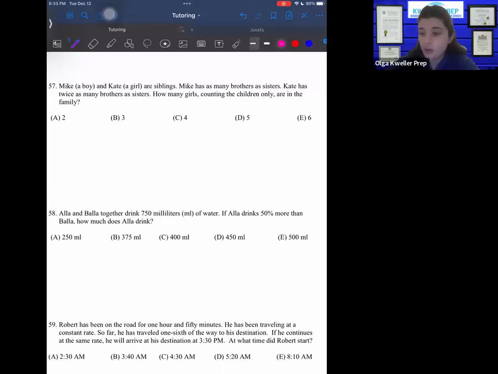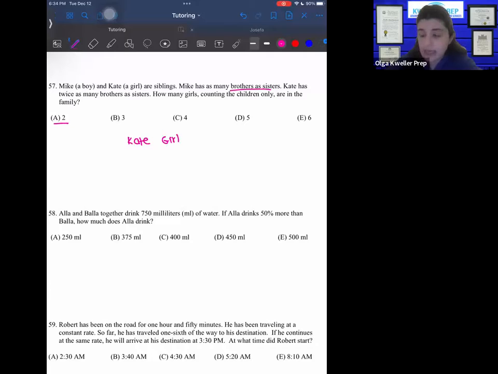So let's start with choice A. Let's say that there are two girls. That means we have Kate, who is a girl, and then we have another girl. Now let's see if that can be true. Mike has as many brothers as sisters.